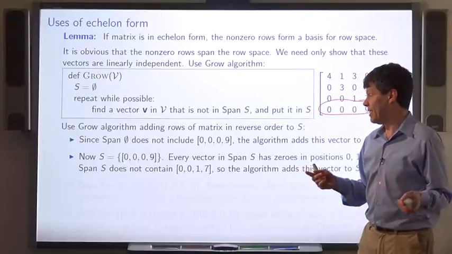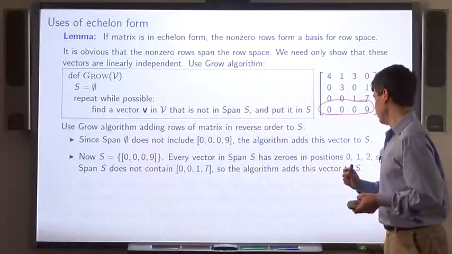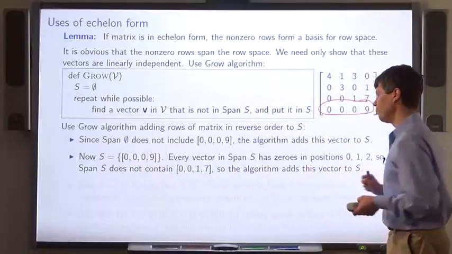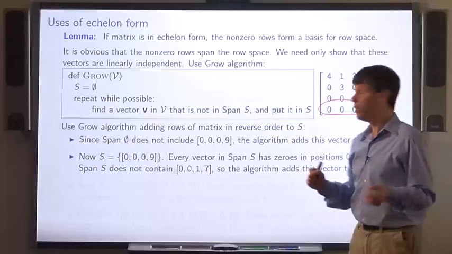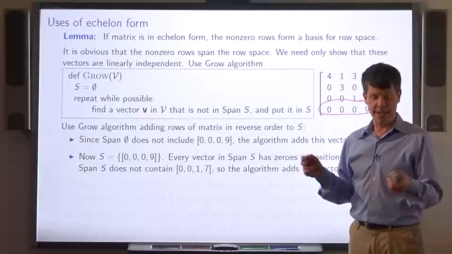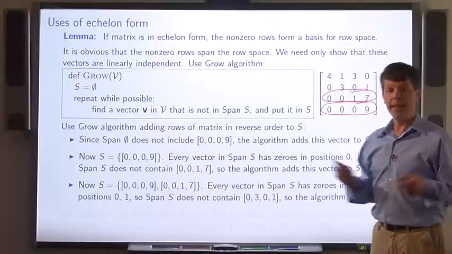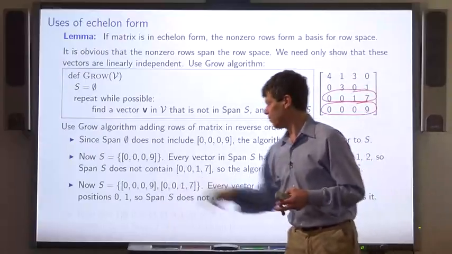Now, every vector in the span of S has zeros in its first three entries, positions 0, 1, and 2. So the span of S doesn't contain this second row. So the algorithm goes ahead and adds that. Now S consists of these two vectors.